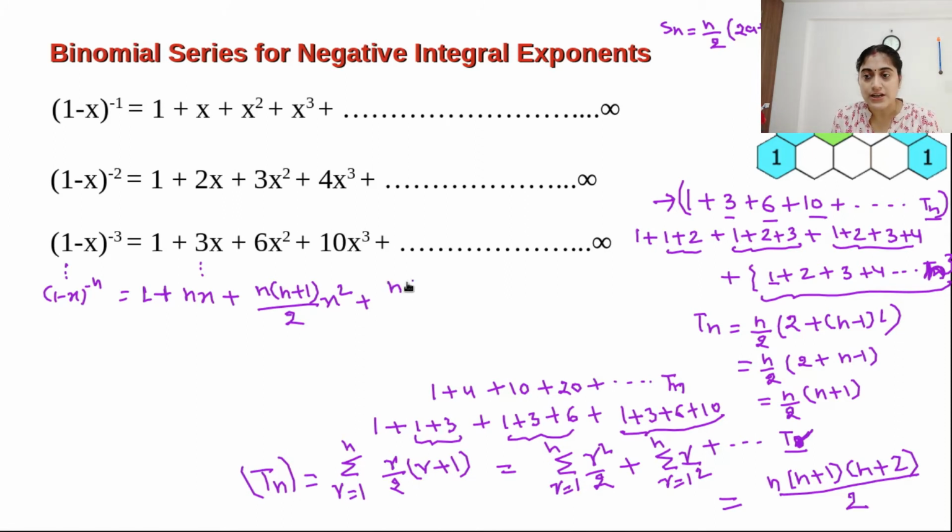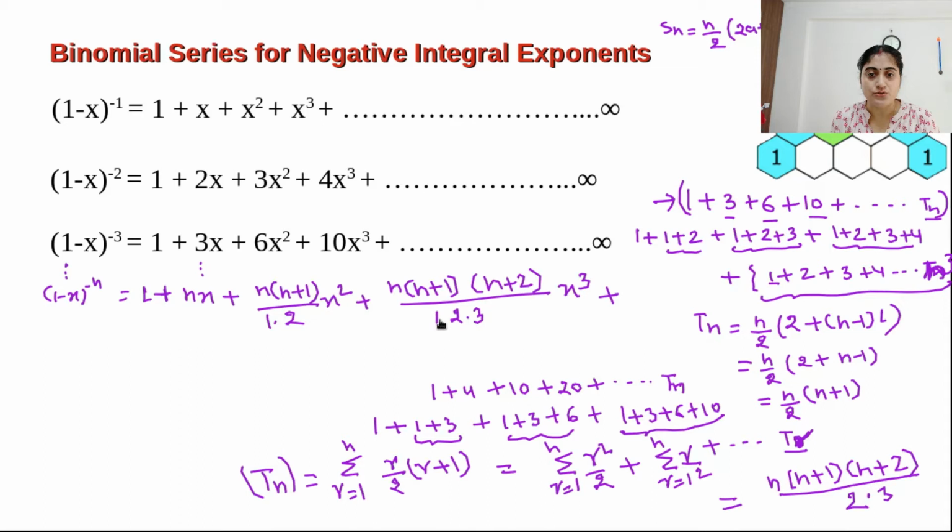So the third term will come as n plus 1, n plus 2 by 2 into 3, into x cube. Similarly, we can keep on increasing. Here we can see the x cube term, and the factorial of 3 comes.